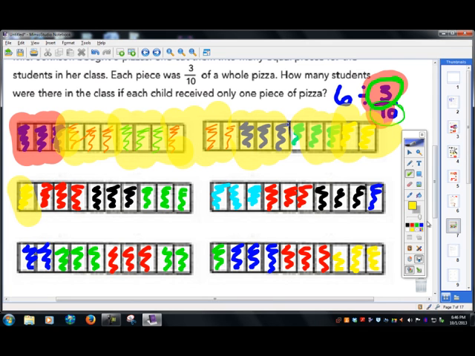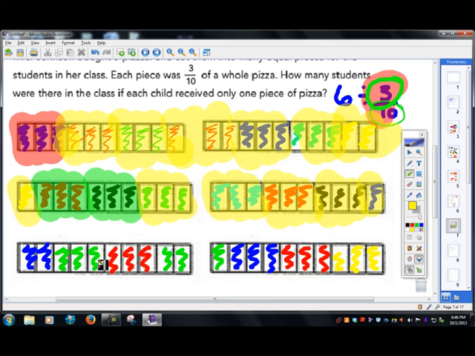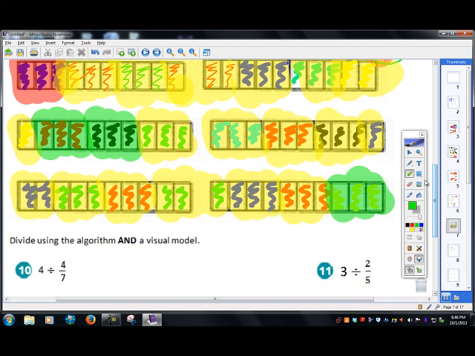I'm counting the groups of 3, that's 7, 8, 9, 10, 11, 12, 13, 14, 15, 16, 17, 18, 19, and 20. So that means there are 20 groups of 3/10. 20 groups.